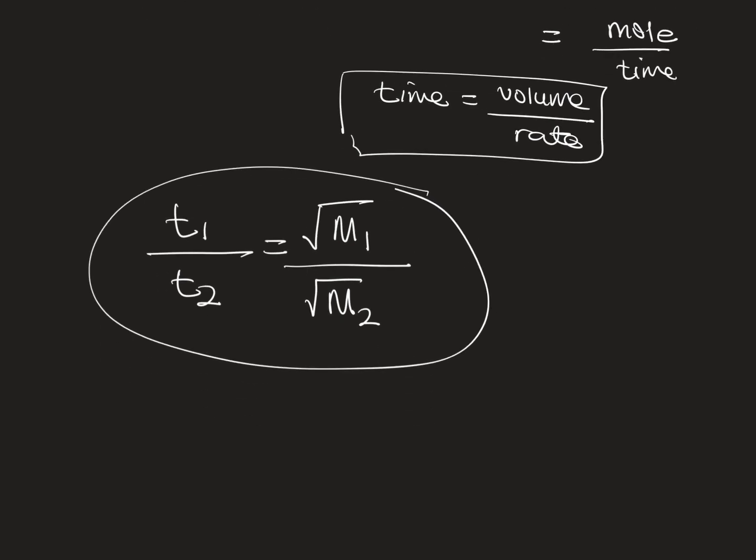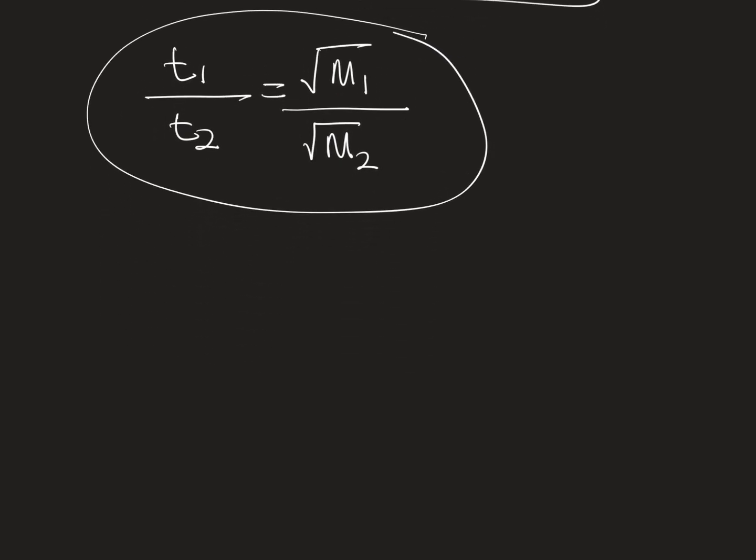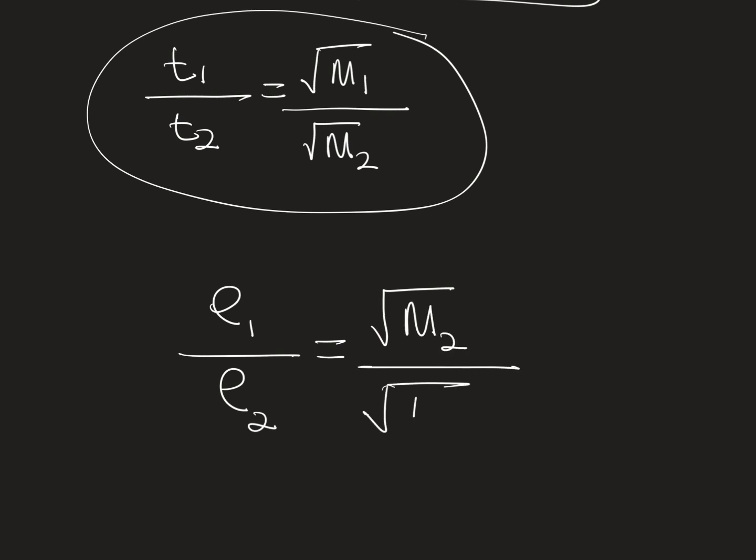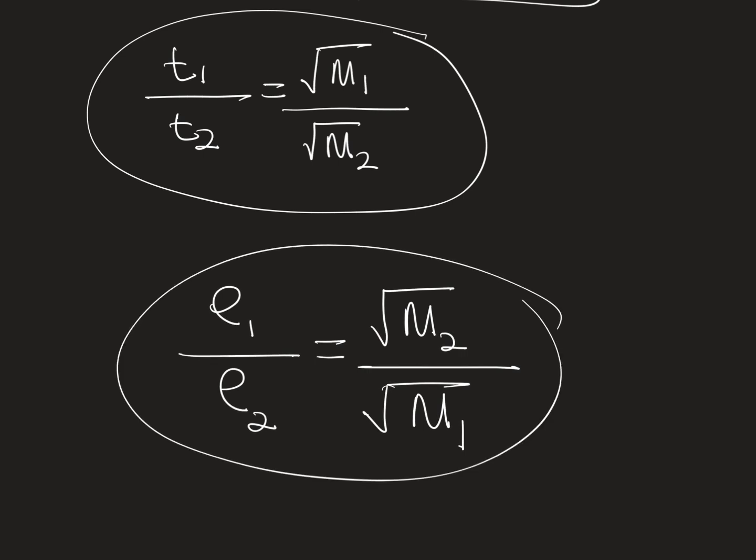Another formula to note is when they give you density, it is important to know that density and molar mass are also inversely related. So density of gas 1 all over density of gas 2 is equal to the square root of the molar mass of gas 2 divided by the square root of the molar mass of gas 1. All right? We will be solving some problems related to Graham's law of diffusion.